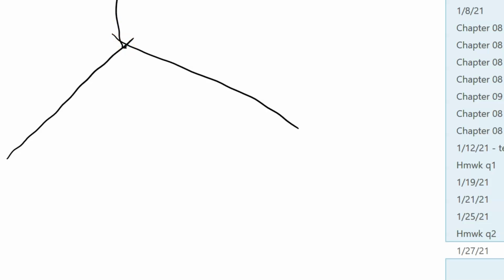The floors meet at a corner like this, and then the wall continues straight up, right? So the up and down axis we call the z-axis, and the two axes that are in the plane we call the x and y axis.